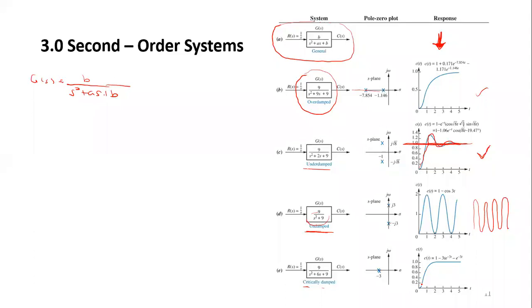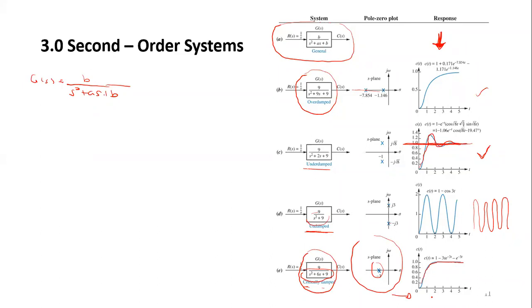When the transfer function is in this form and you factorize the denominator, you get two poles at exactly the same value. When you plot it on the S plane, you will get this, so you can expect that the output response will be critically damped. That's how it goes.